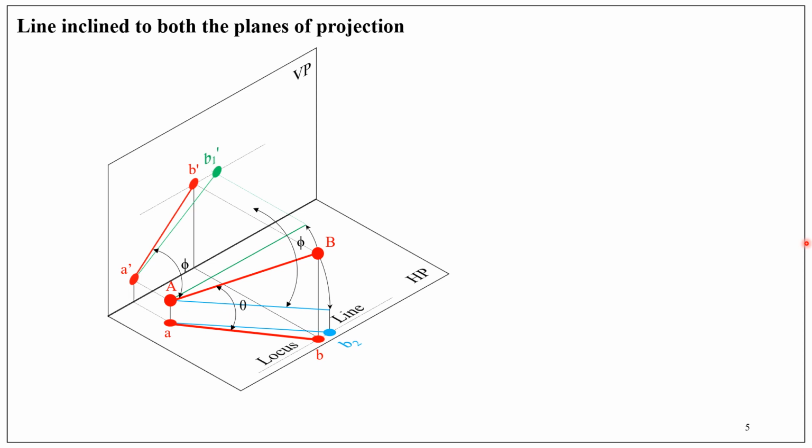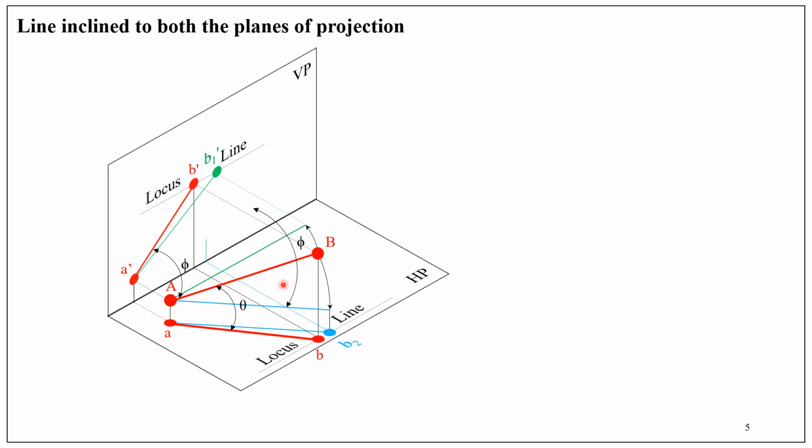So how to do that? From B2 draw a projector until it meets the XY line. And from that point draw a vertical line. So this is the projector from point B2.